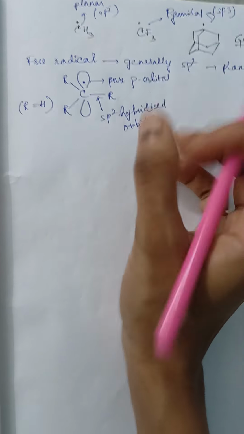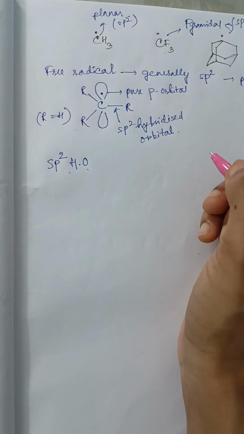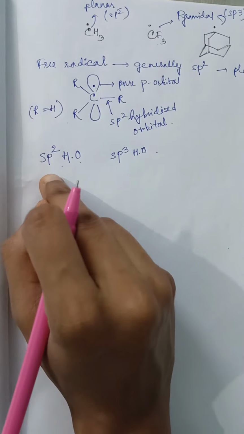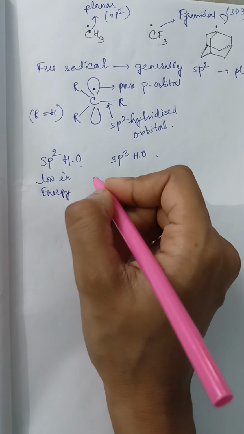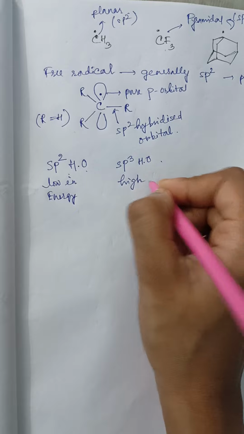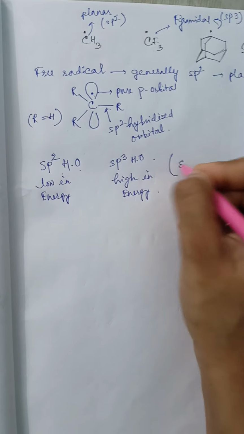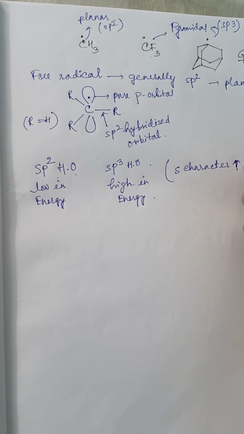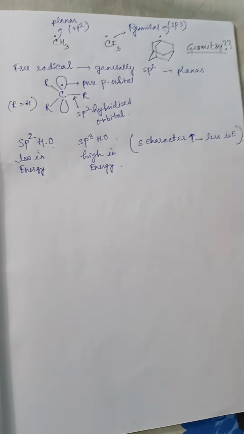Now we all know that between the sp2 hybrid orbital and the sp3 hybrid orbital, the sp2 hybridized orbitals are lower in energy compared to sp3, because the more the s character, the less the energy.